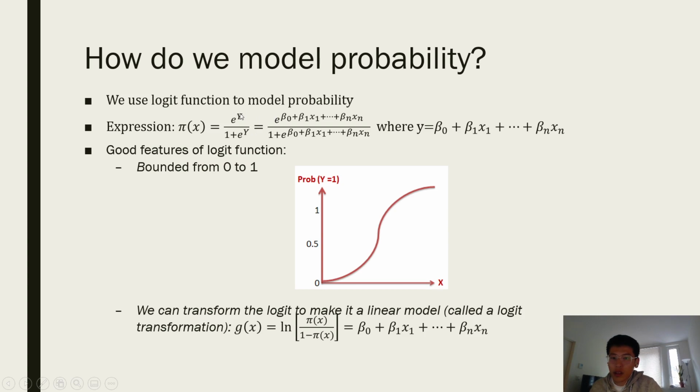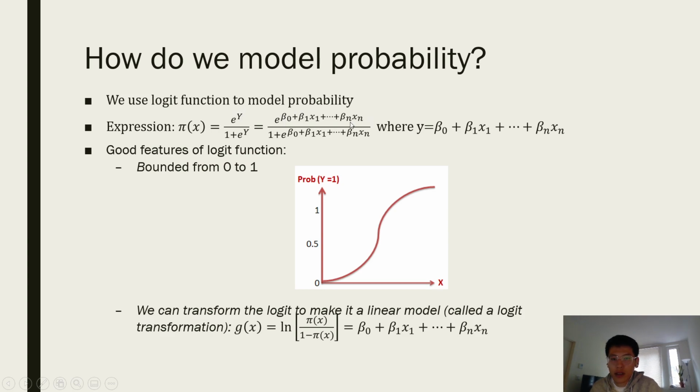And this y is equal to a linear combination of predictors, just like multiple regression: beta 0 plus beta 1 x1 plus beta 2 x2 plus, up to beta n xn. This combination is substituted for y here.